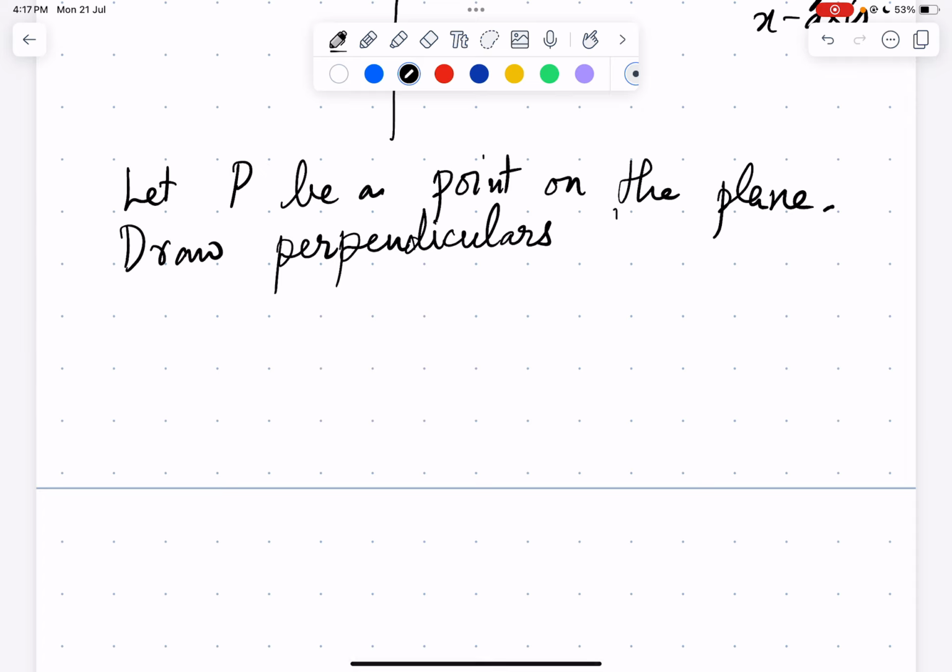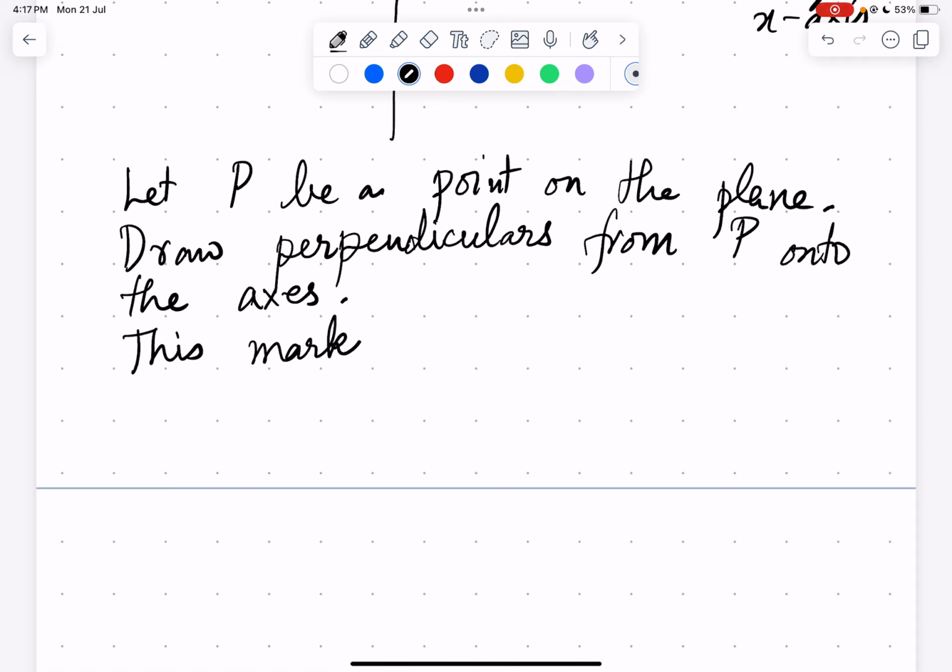Draw perpendiculars from P onto the axes. So this marks two numbers, capital X on the x-axis and capital Y on the y-axis.